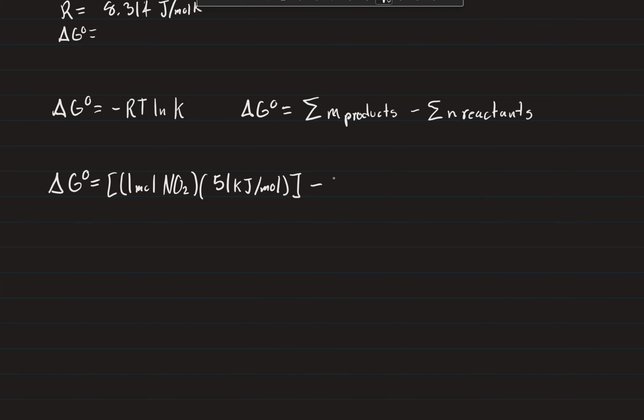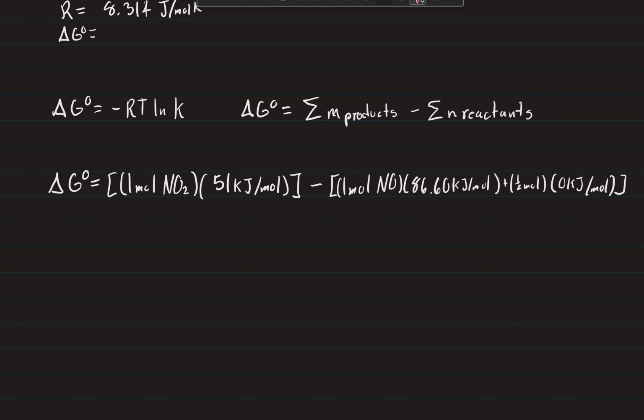So we're just going to move on to the reactants. We have 1 mole of NO times 86.60 kilojoules per mole, plus half a mole times 0 kilojoules per mole.